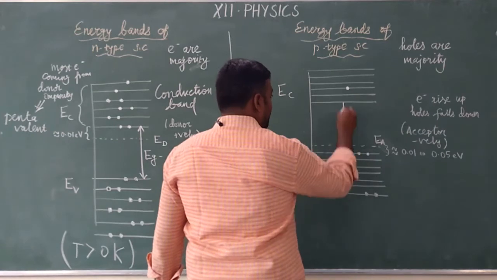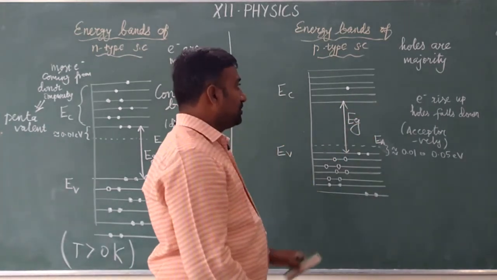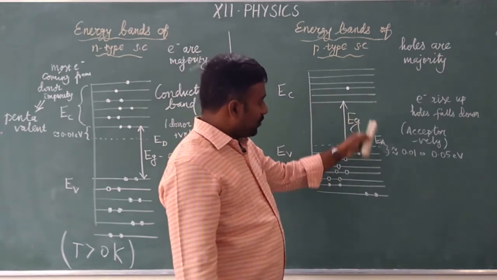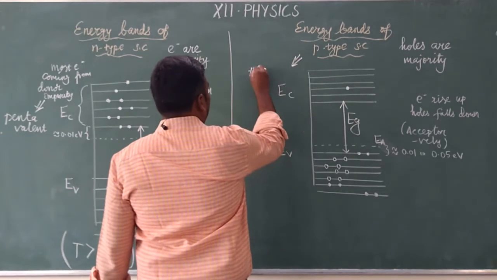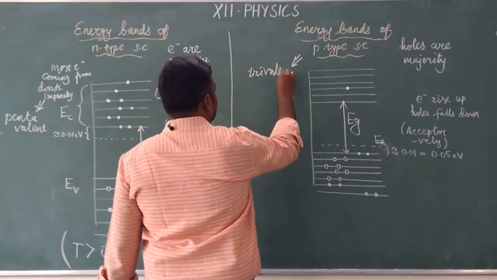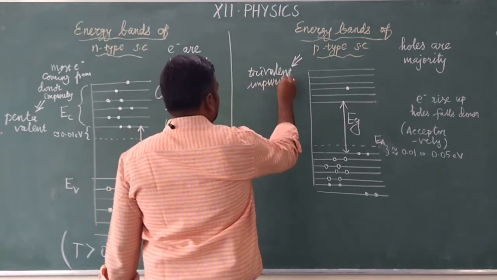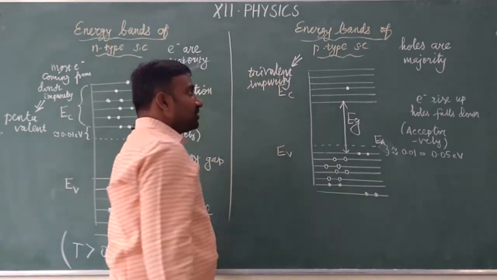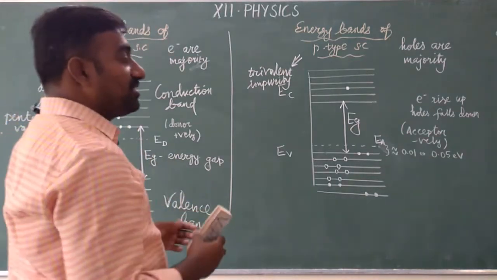This is the forbidden energy gap. Why is the formation like this? It is due to the trivalent impurities.